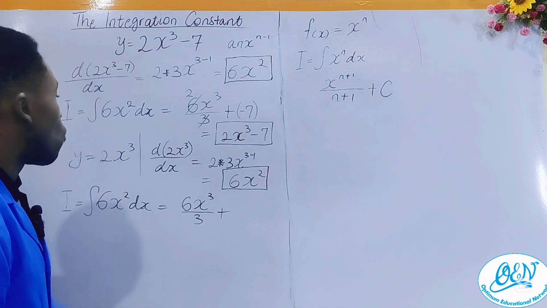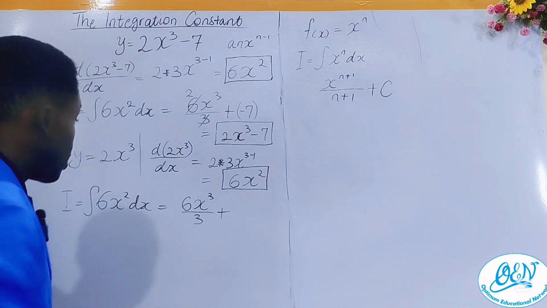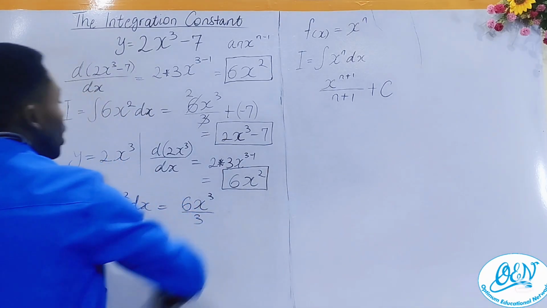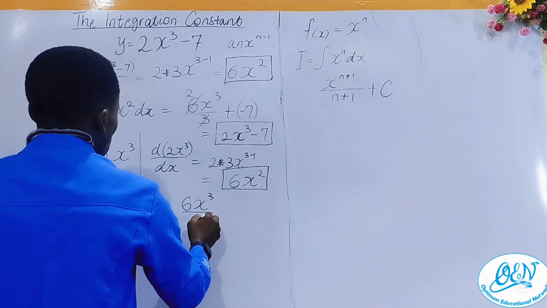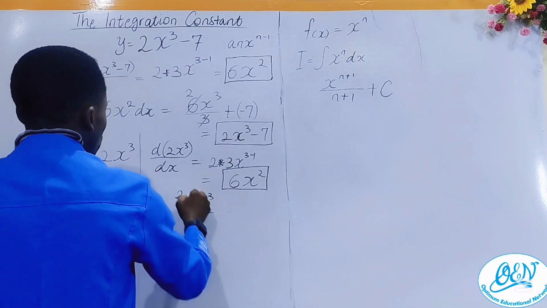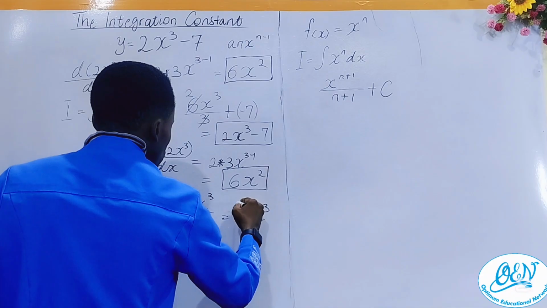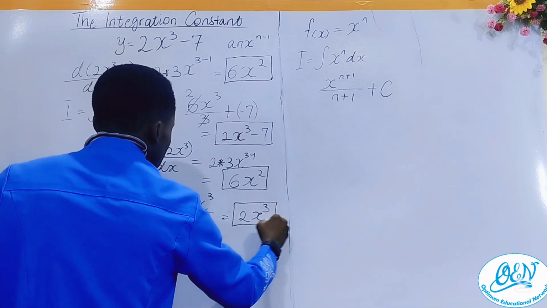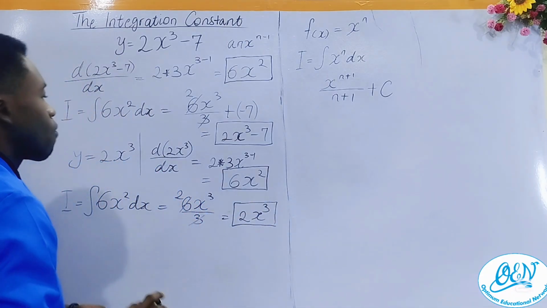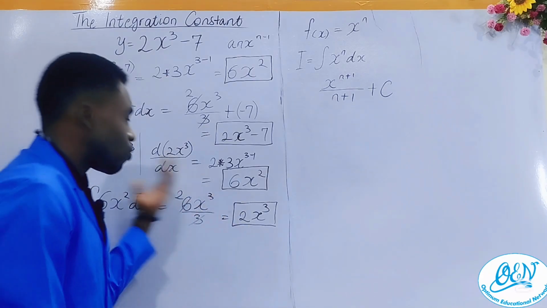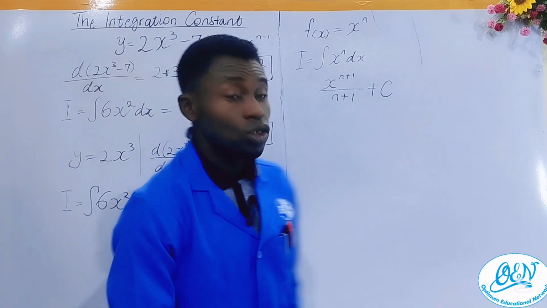You can see from the original function that there is no constant there, so we have nothing to add here. So we have 2, and simplifying, we have 2x cubed as our final answer, which is this. So we have also integrated this and gotten the original function.